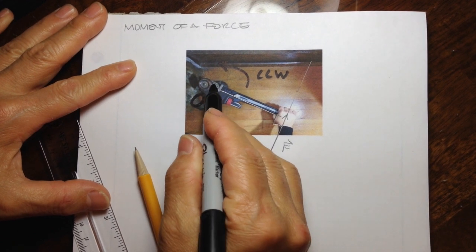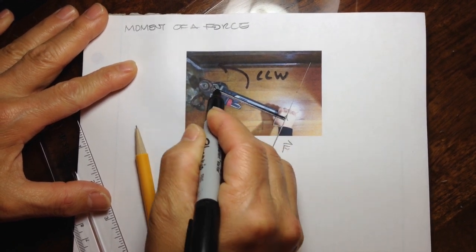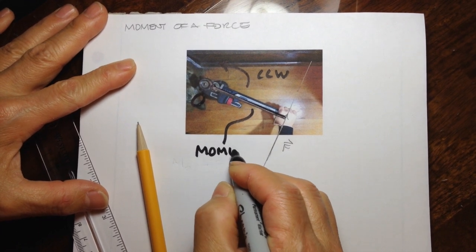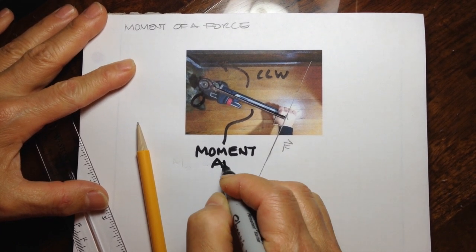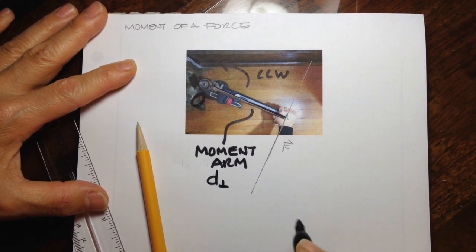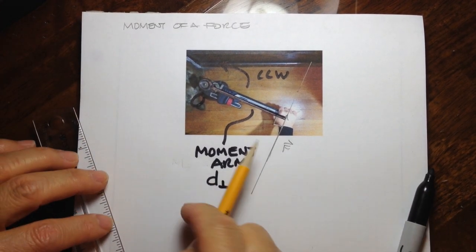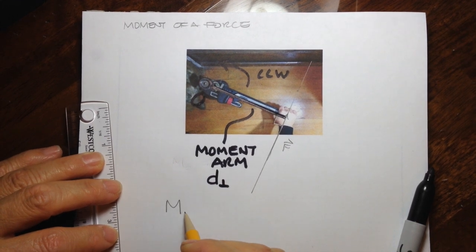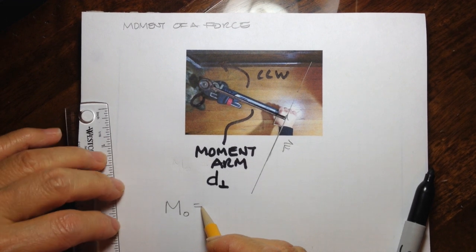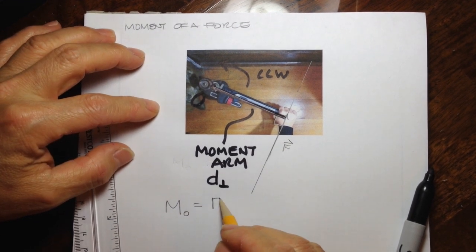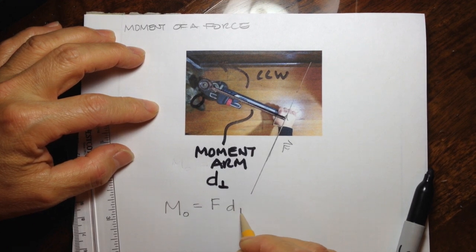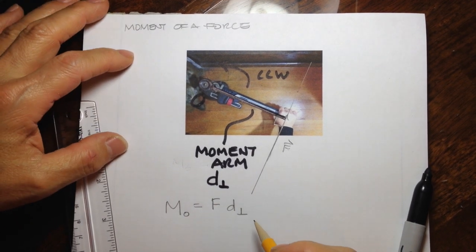So this distance right here, we call this the moment arm, or we can just call it D perpendicular. So the moment about point O due to this force is defined by the magnitude multiplied by this moment arm, D perpendicular.